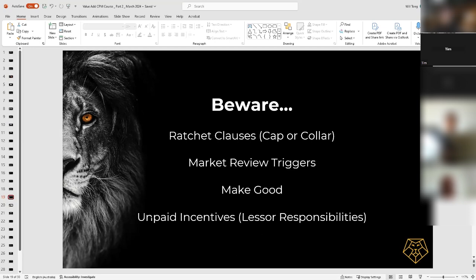Last thing, really important: whether there are any unpaid incentives or any lessor responsibilities going forward. So, in the example that I gave prior, let's say there's a tenant, they signed a lease, and the landlord is obliged to give them 12 months rent free.